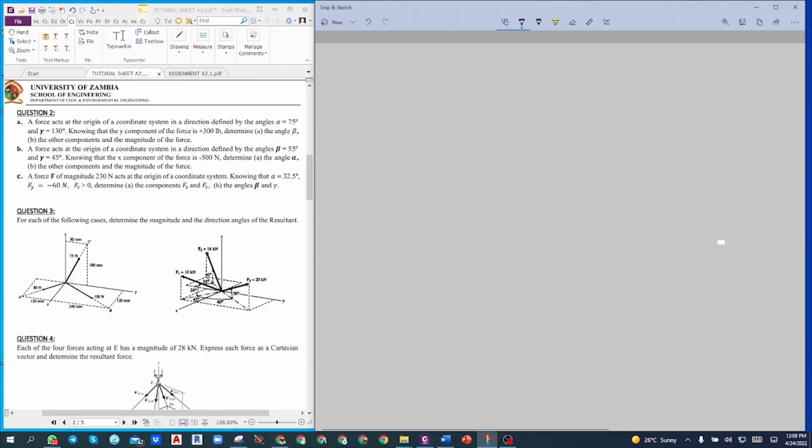So here we need to see what we have been given. Since we have the magnitude of the force, let me just do the data collection. The magnitude of F we have been given to be 230, and then we've been given alpha to be 32.5 degrees, and we've been given Fy to be equal to minus 60 newton.